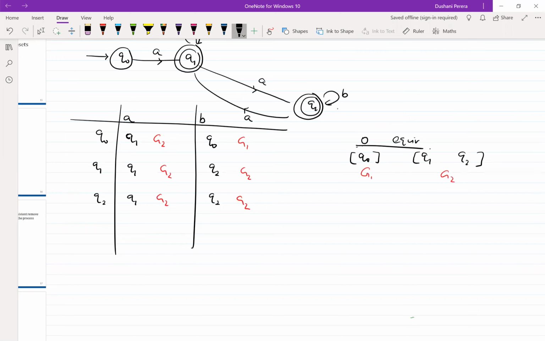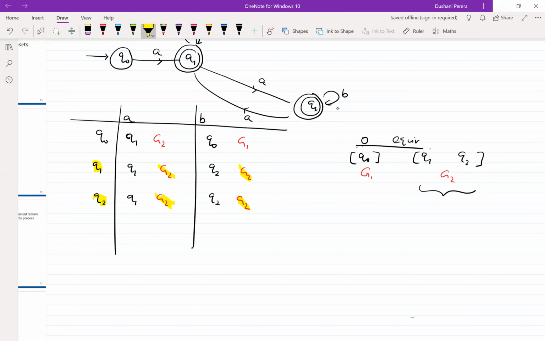Okay, so when we look at this group, Q1 and Q2, as you see, they go to the same group, group 2, group 2, group 2, group 2, which means they cannot be separated. They go to the same group upon giving the strings.